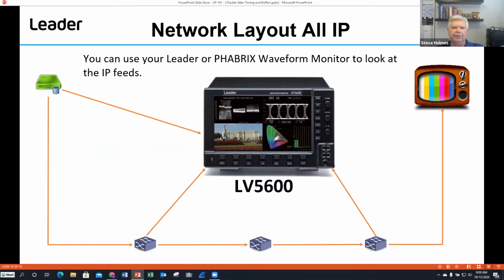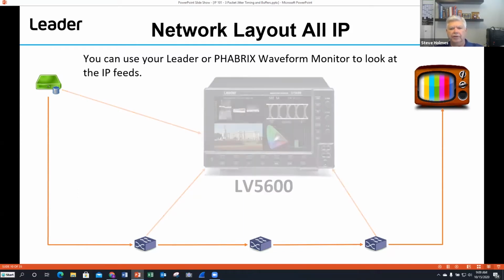So we have the ability to have our waveform monitors be able to actually look at SDI and look at IP and go to the different points within the system. We could have our Leader LV5600 looking at the source, looking at different points within the network.